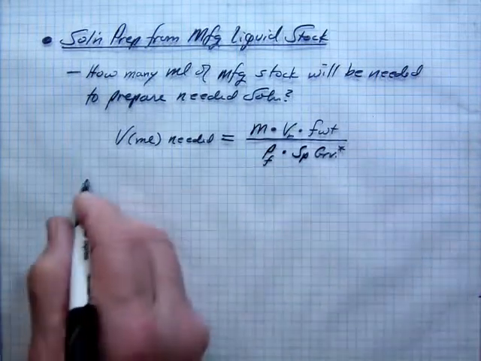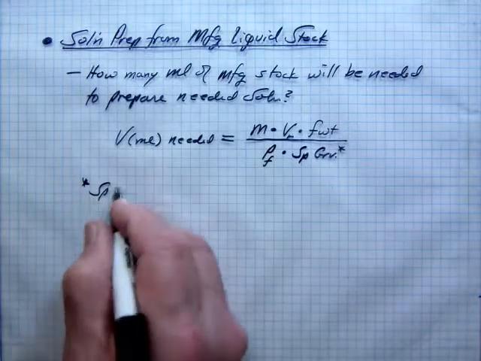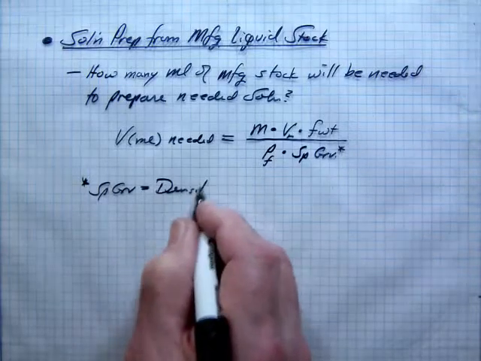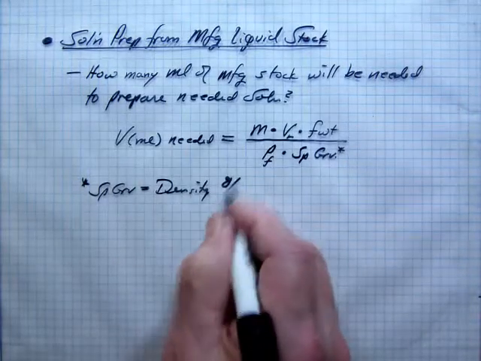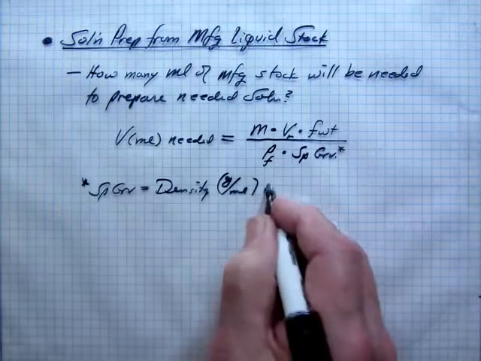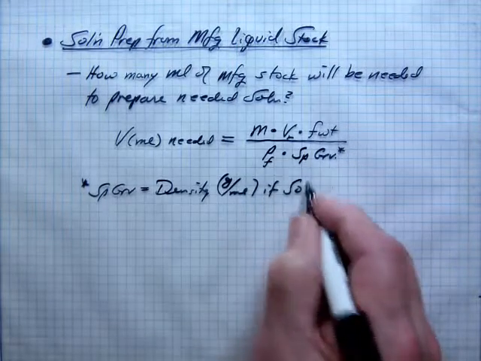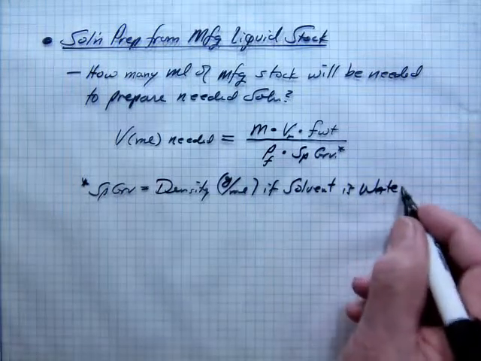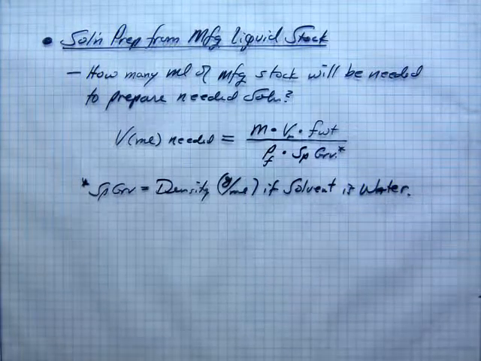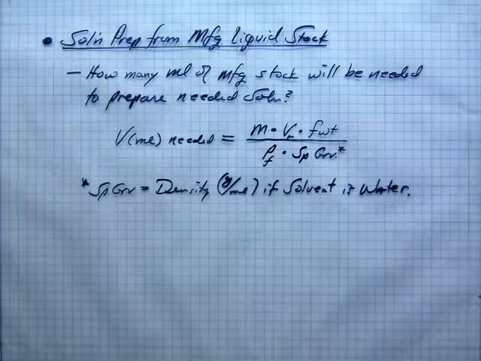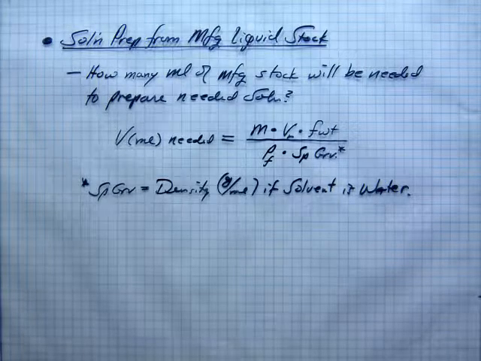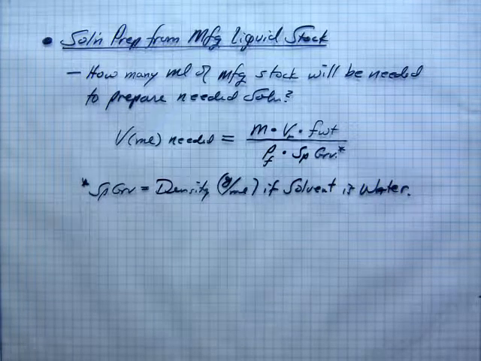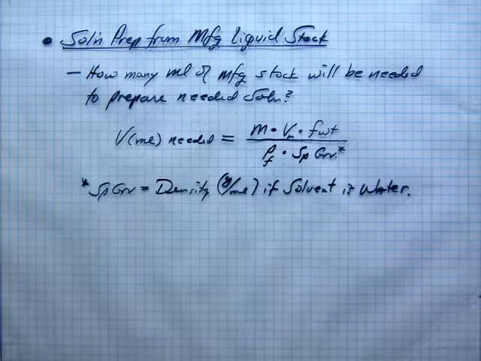And note, specific gravity equals density in grams per milliliter if the solvent is water. And for the most part, concentrated acid solutions, when they arrive, will be in water stock, water solvent, aqueous solution.